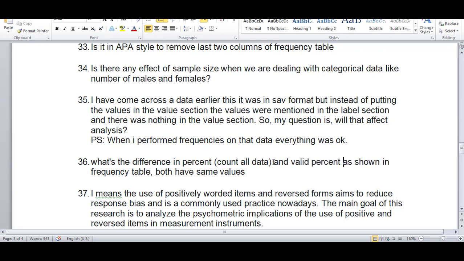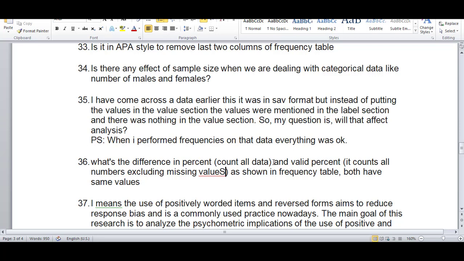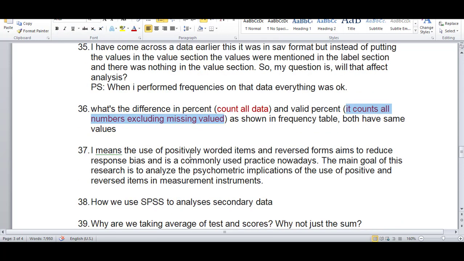And valid percentage counts all numbers excluding missing values. So if you don't have missing values in your data set, then valid percentage and percentage would be the same. But if you have some missing values, then the valid percentage is calculated after excluding the missing value portion. So this is the difference.